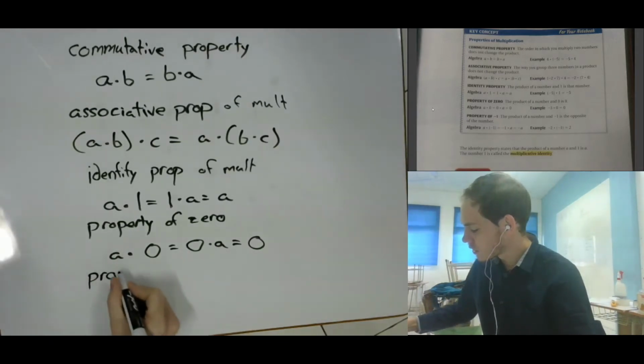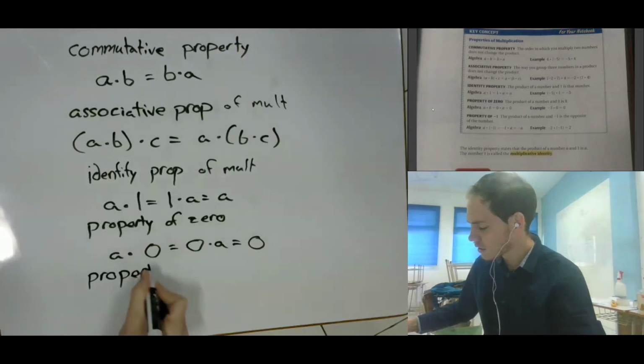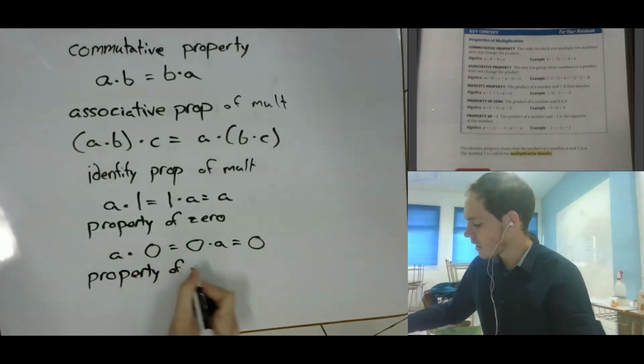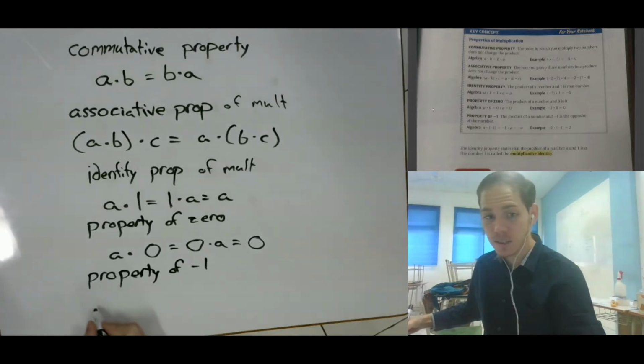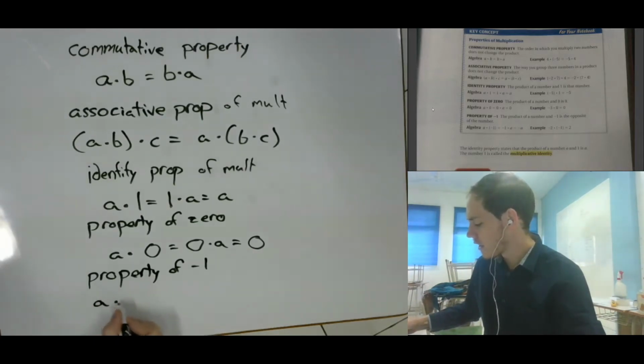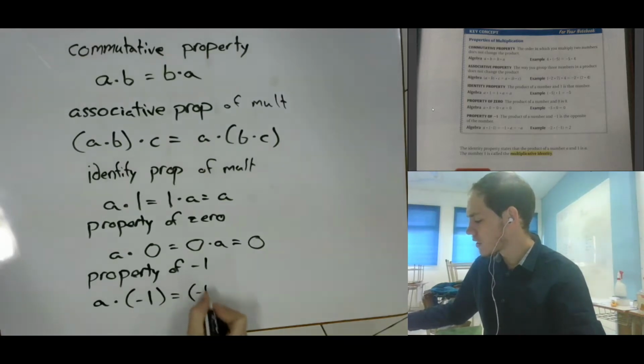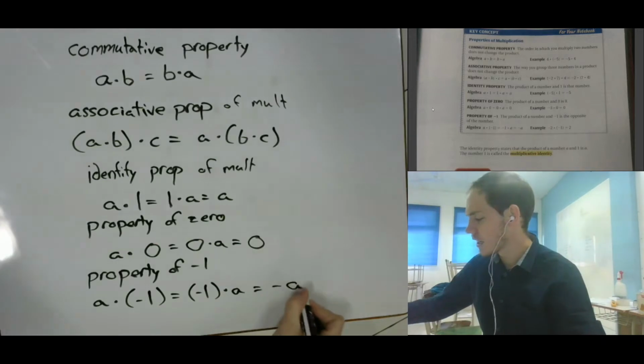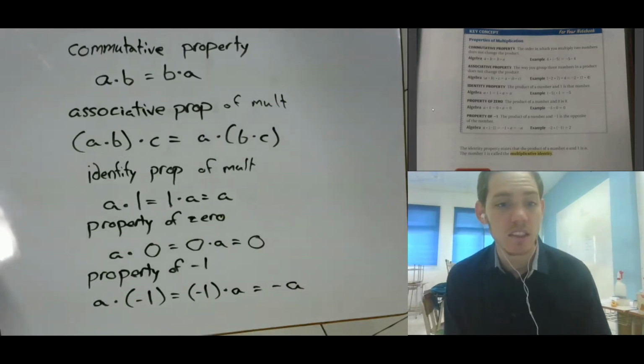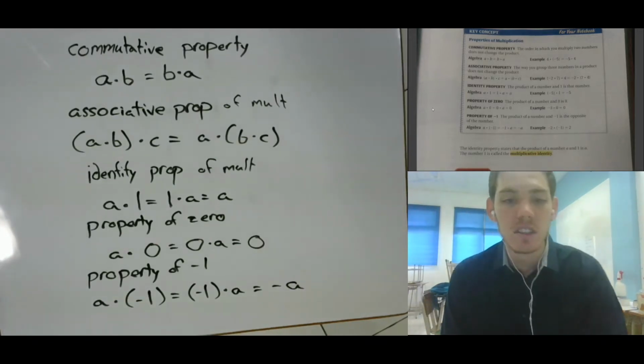And property of -1. And that just means if you multiply a number times -1, or -1 times the number, you get the opposite, okay? You get the opposite of the number, okay?